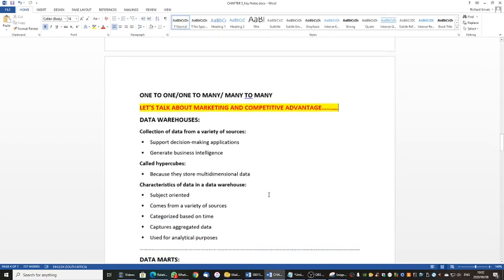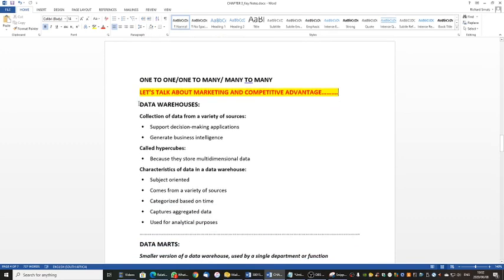There are two main structures that we use. The first one is data warehouses. So we have a basic database, then we can have a data warehouse, which is a collection of data from a variety of sources. What is it used for?